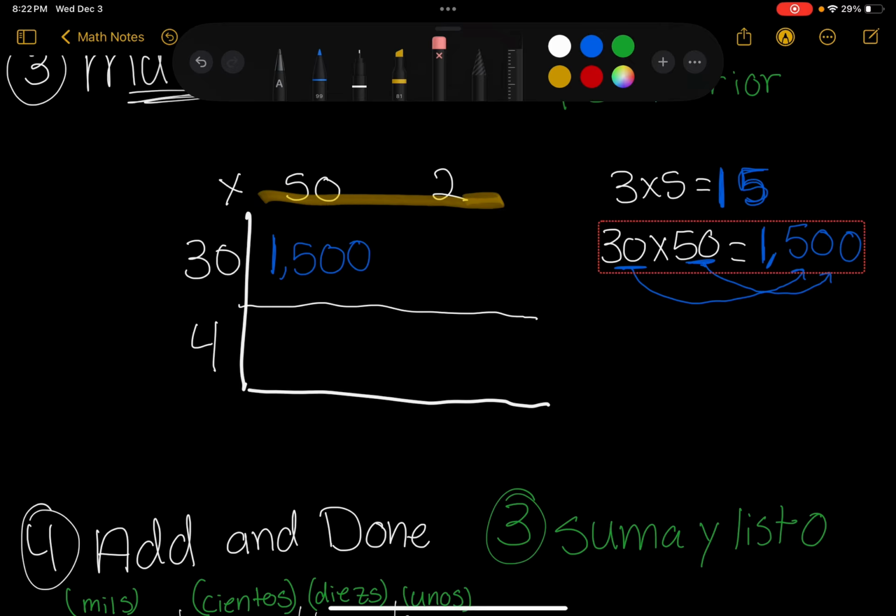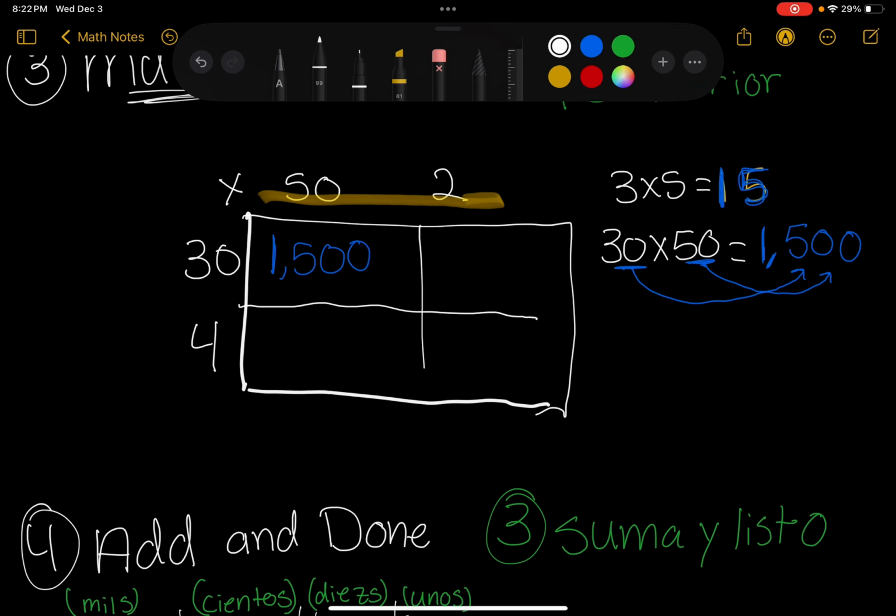Now, we're going to do 30 times 2. So, pay attention. Do not freak out. Do not worry. Do not skip. You know what 3 times 2 is. It's 6.